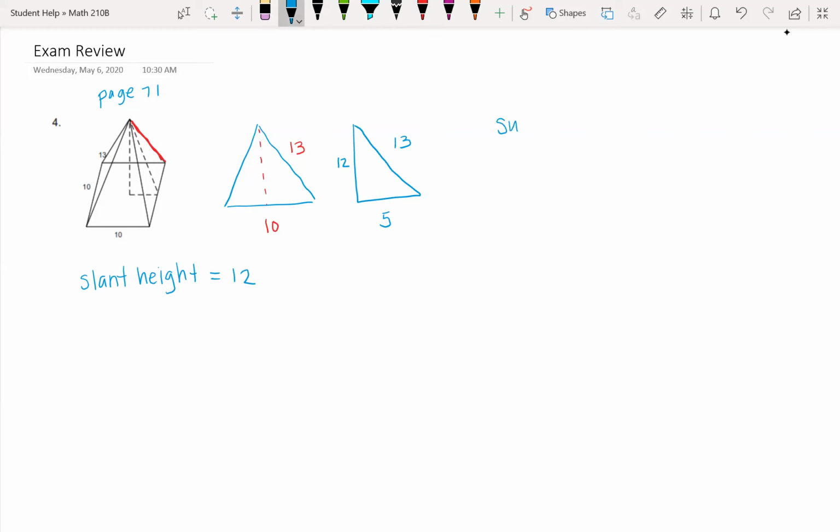So for this shape, the surface area is going to be the area of the base shape plus 4 triangles, which are the sides, right? The base in this case is 10 by 10, right? So it's a square.